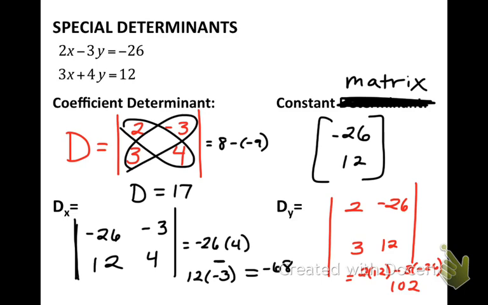When you see a D sub y, you're substituting your constants in place of the coefficients in front of the y, and then just evaluating your determinants. So you think you got the difference of that, because we need those notations for Cramer's rule.